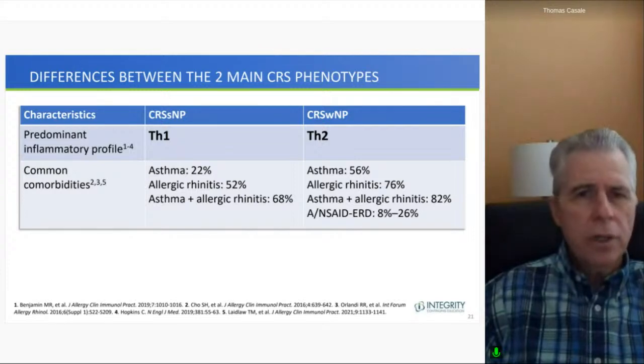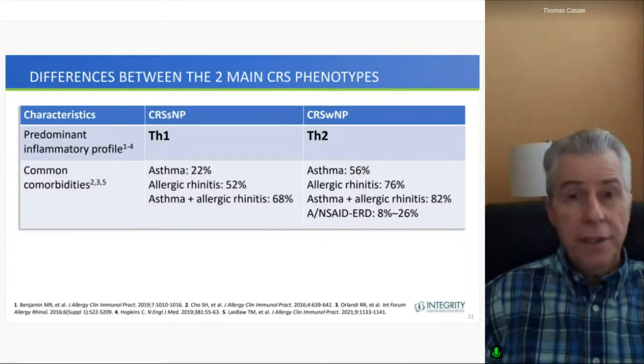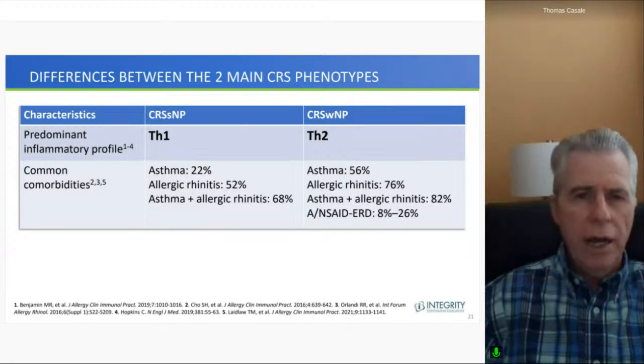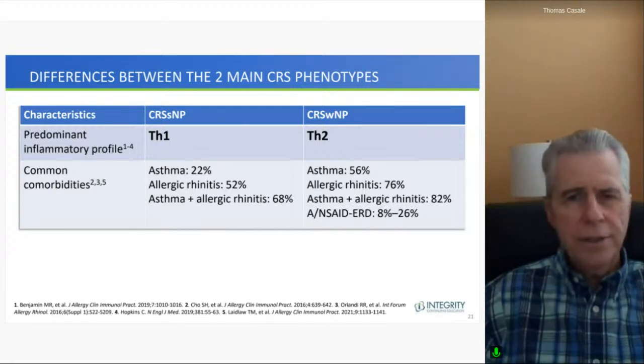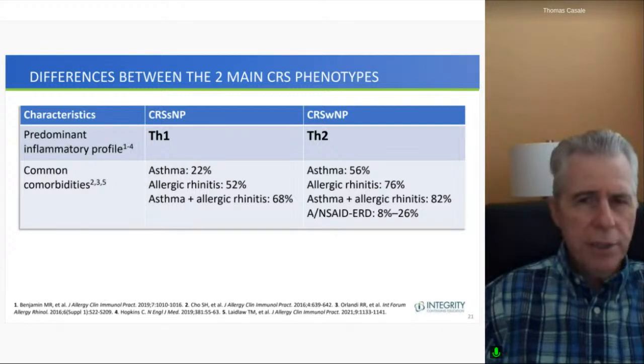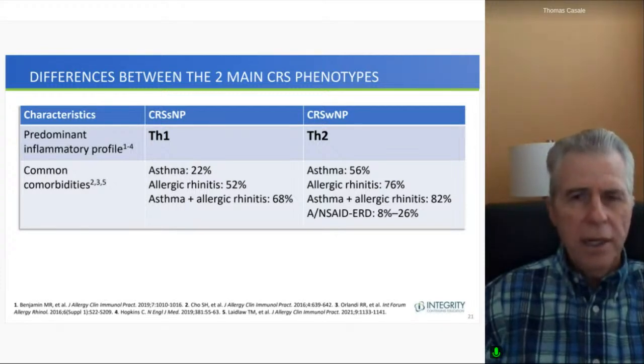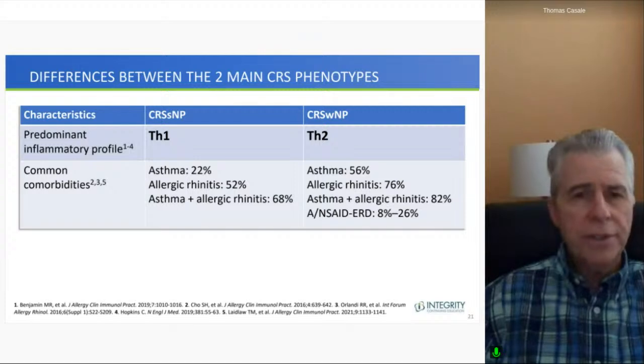So again, looking at the two main phenotypes, Th1, Th2, you could see there's a little bit of difference in that the Th2 patients tend to have a higher incidence of comorbid asthma and allergic rhinitis, and also aspirin sensitivity.